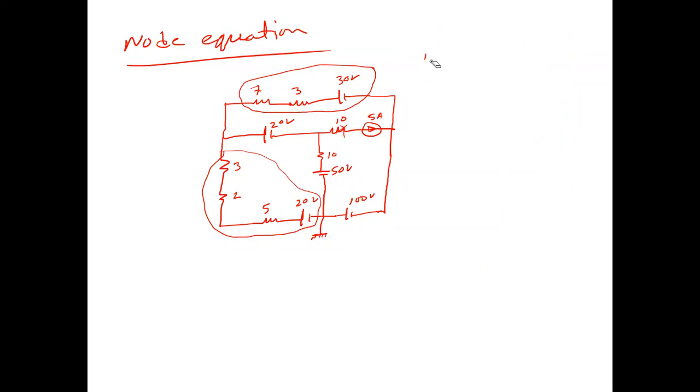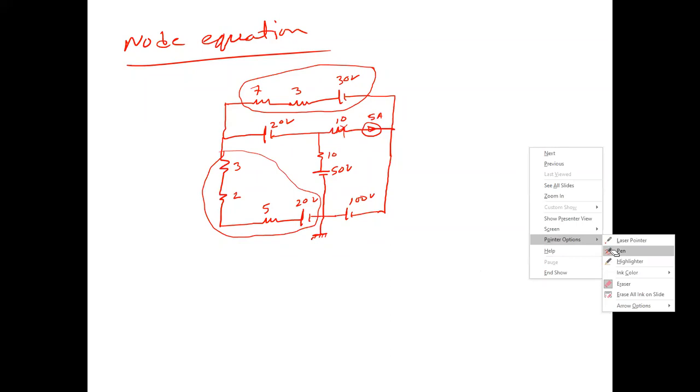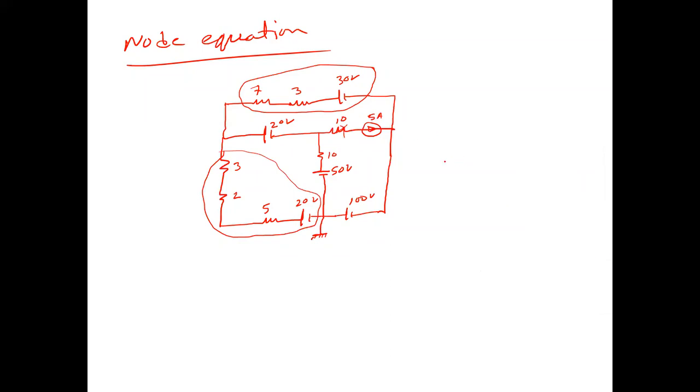Now suppose in this portion we change the name, suppose this portion is v1. These two are our total resistance, these are 10.